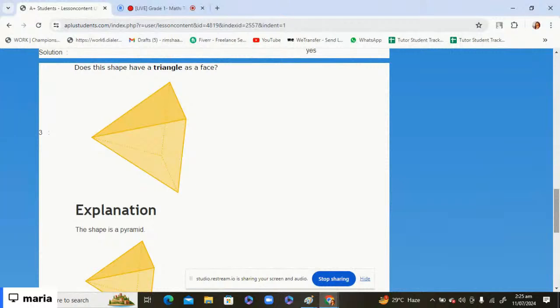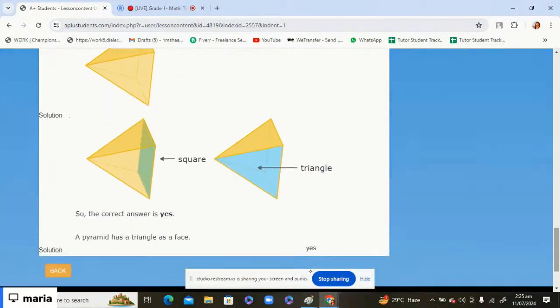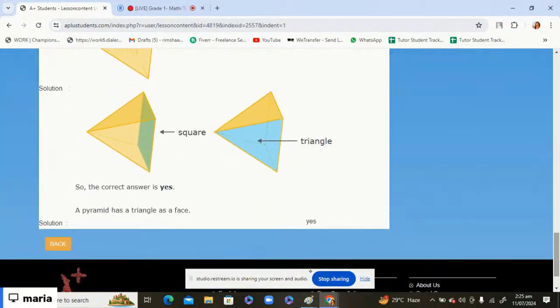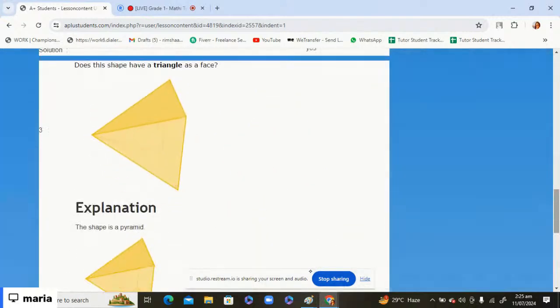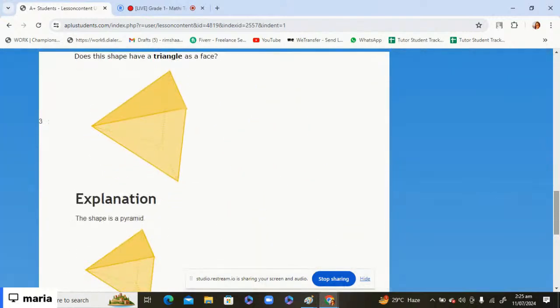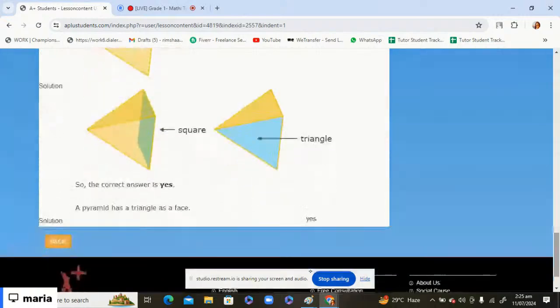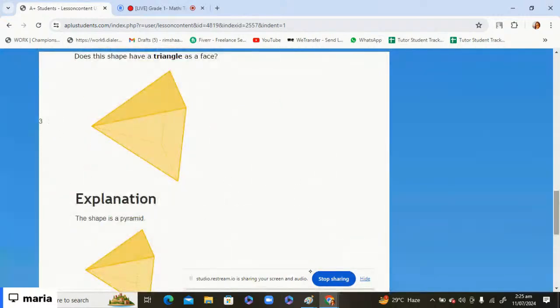Yes, everyone, tell me, is there any shape of the triangle? Yes, it's the face which has the shape of the triangle. Okay, so we can say that yes, it's involved, because here it's involved. Like look at here, the front on the top one. Okay, as well as there is one square, like look, square in the back, and then the triangle as well. So we can say that it's yes.